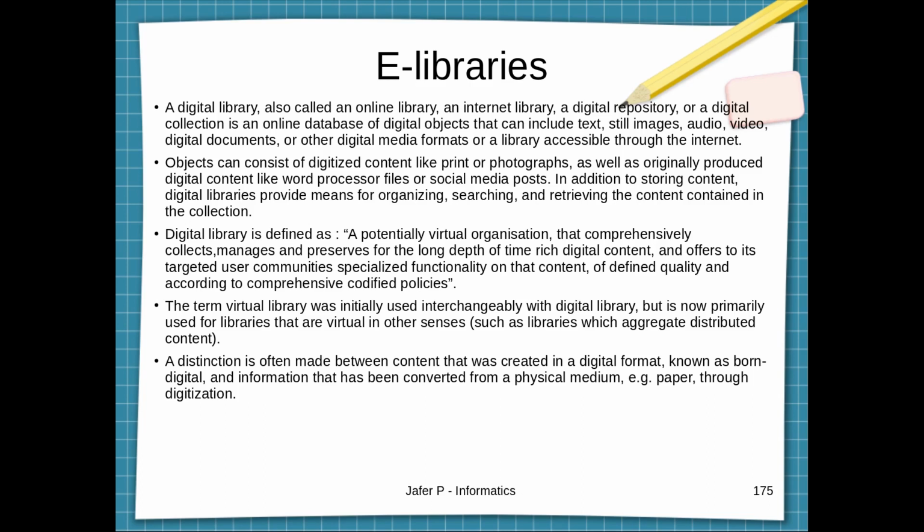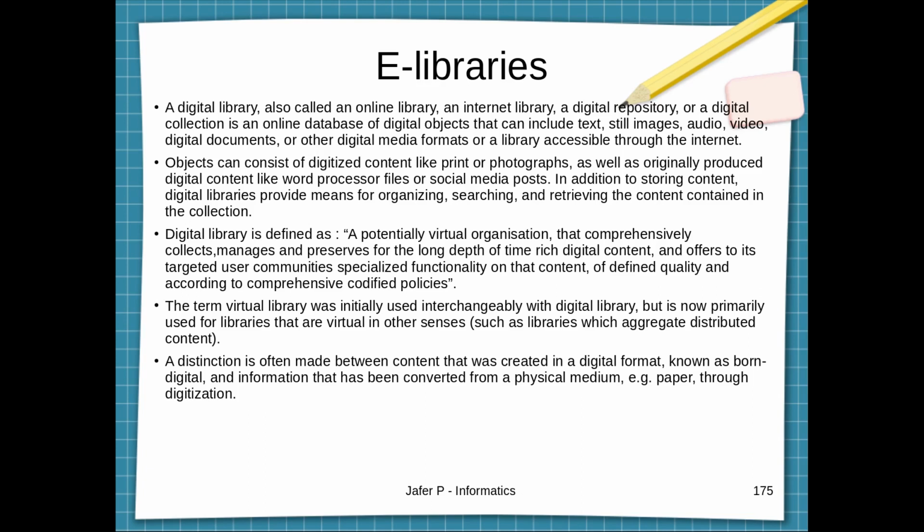And there is certain content which is converted from physical media, which is taken as a scanned copy. Using a scanner we can scan a book, and the same can be stored in a computer system, and the computer system will upload that to the internet so that you can see it, right? That is called physical media.